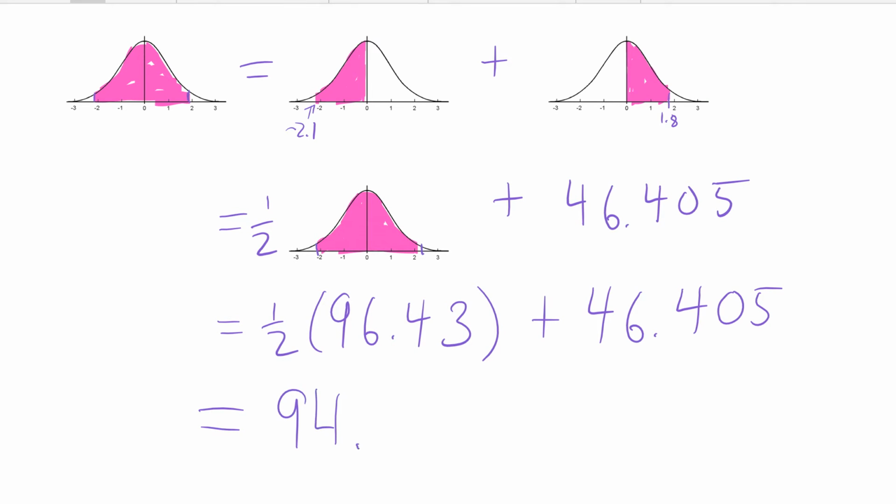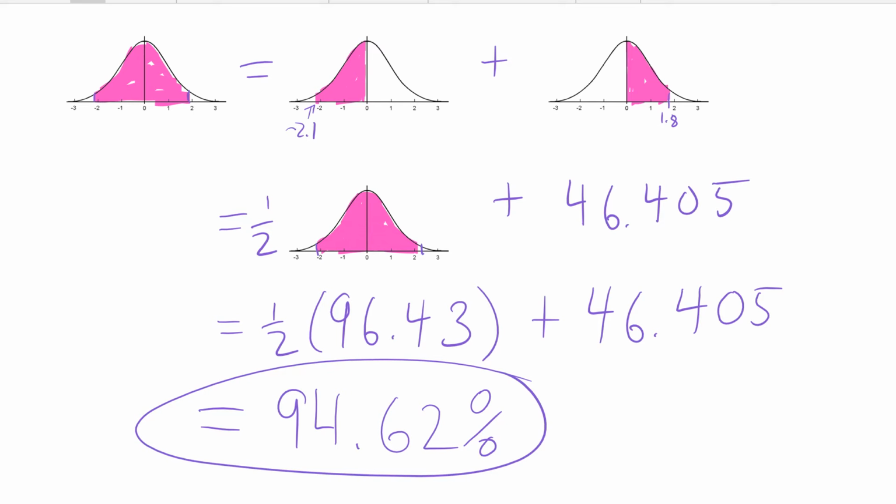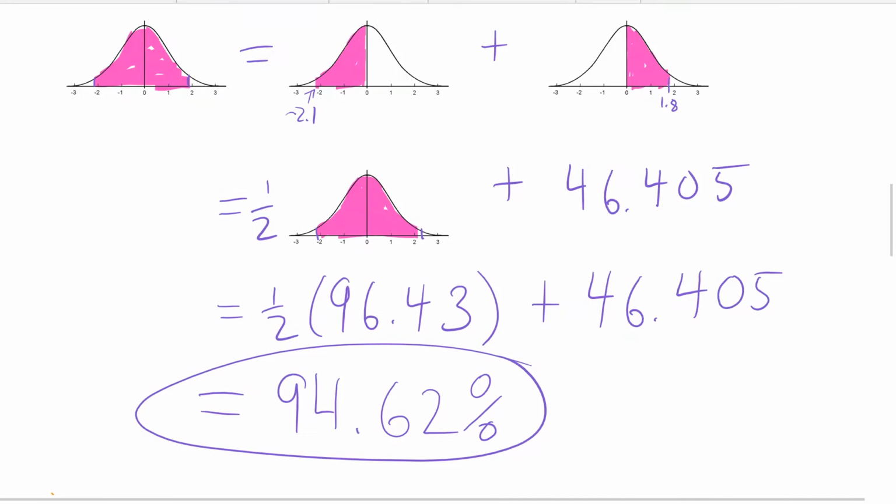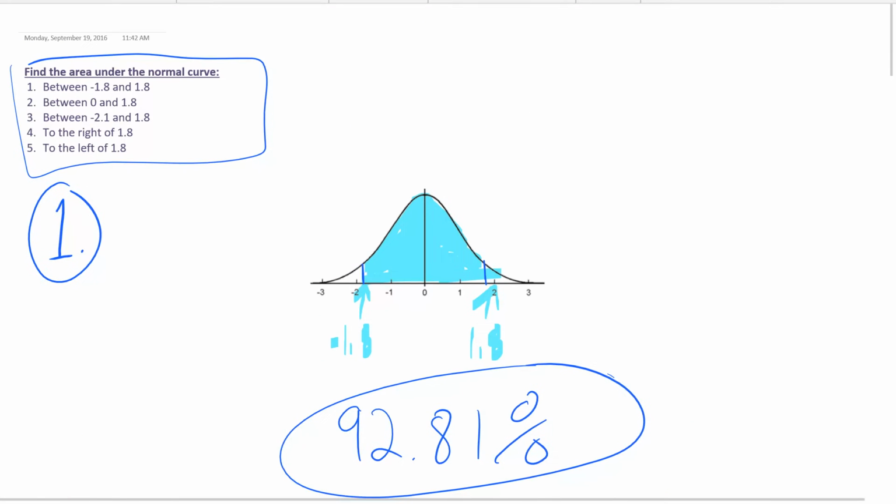Our overall answer is 94.62%. That's number 3. And number 4 is the area to the right of 1.8.